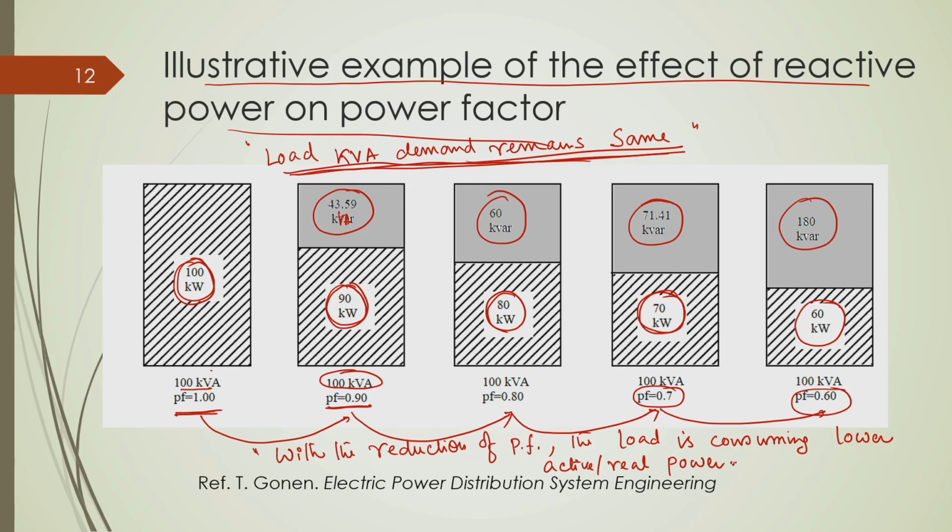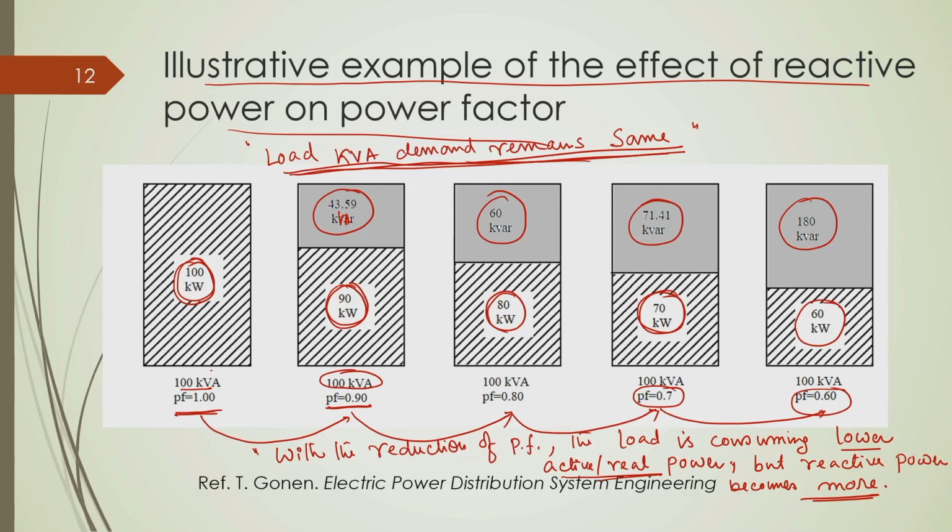So, what will be the difficulty for the utility? The utility sees that the actual or useful power becomes less, but the reactive power demand becomes more. So in both cases the ultimate outcome is that the reactive power demand of the load will increase.